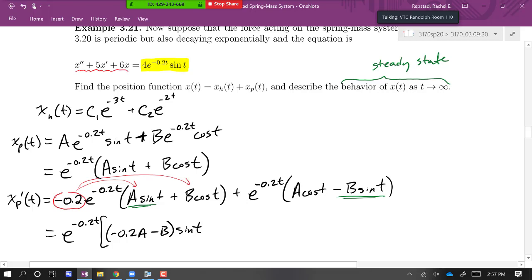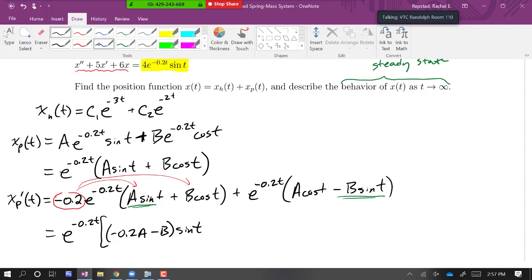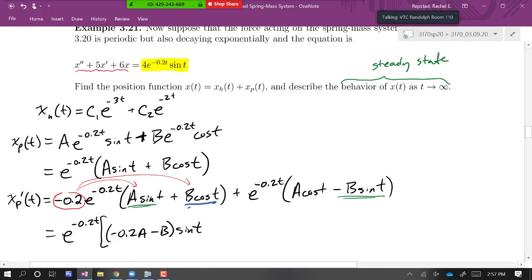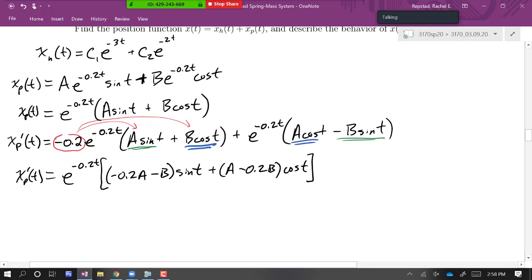And if we do the same thing with the cosines, we've got negative 0.2b and then plus a, so a minus 0.2b. And now we get to do it again. But at least there's not going to be a third derivative.